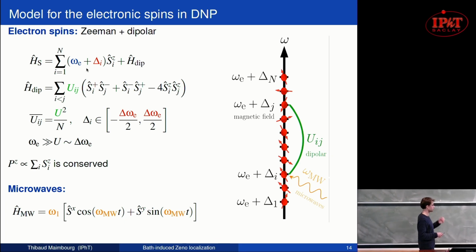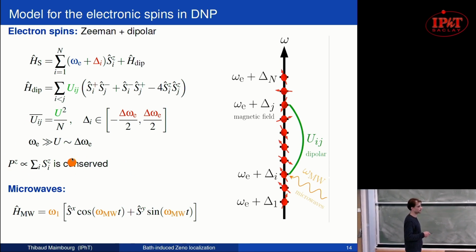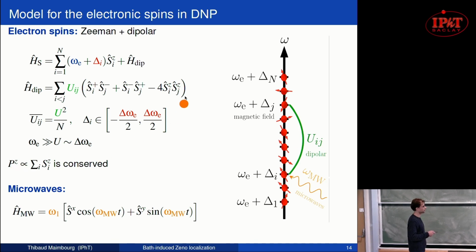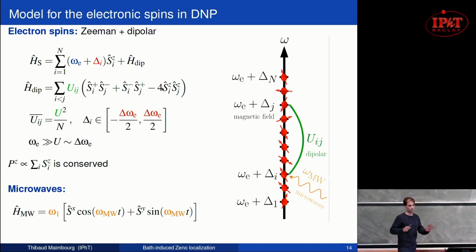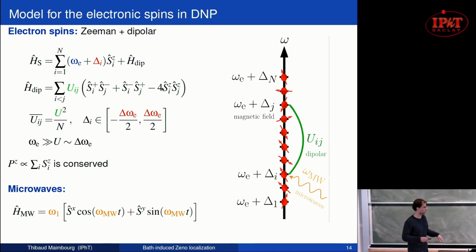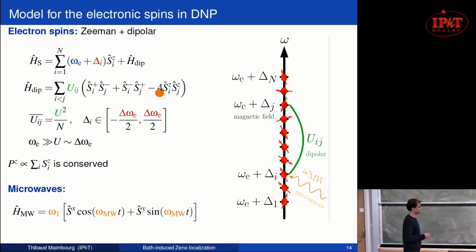One thing that you can notice is that if you look at the total polarization along the z-axis, it is conserved by this Hamiltonian. It's a physical consequence of having a strong magnetic field along the z-axis. So I don't have just energy that is conserved, I also have polarization in this Hamiltonian. And of course, you have to put in the microwaves to get this spin temperature behavior.